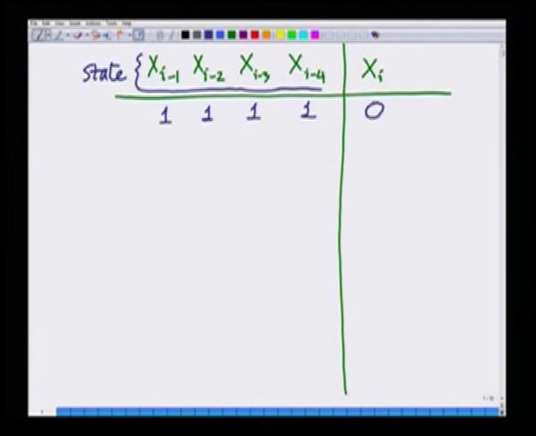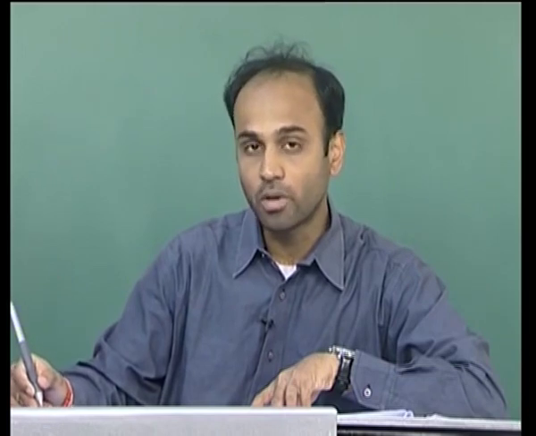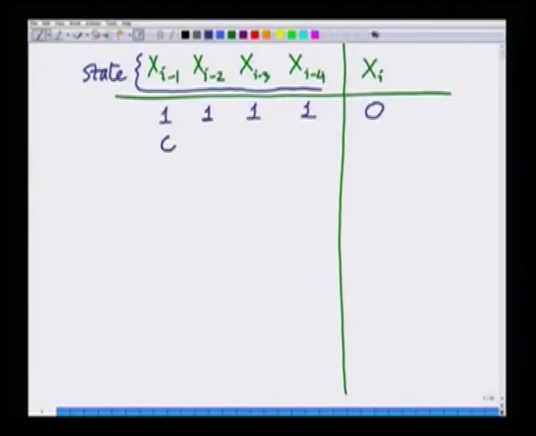Now, in the next cycle, xi will go through the feedback register to become xi minus 1, xi minus 1 will become xi minus 2, xi minus 2 will become xi minus 3, xi minus 3 will become xi minus 4, and that defines the next state.